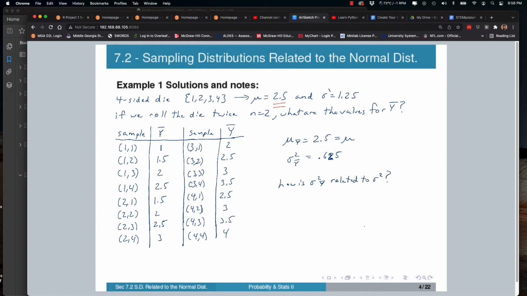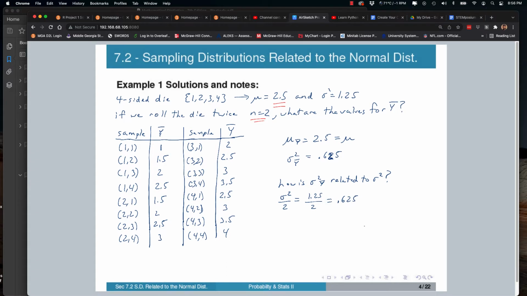Well, it's pretty straightforward, although it might take a minute to see it. But the sample sizes we took of each one were n equals 2, correct? So we got that. If you took the population variance and divided it by 2, 1.25 divided by 2 equals 0.625.